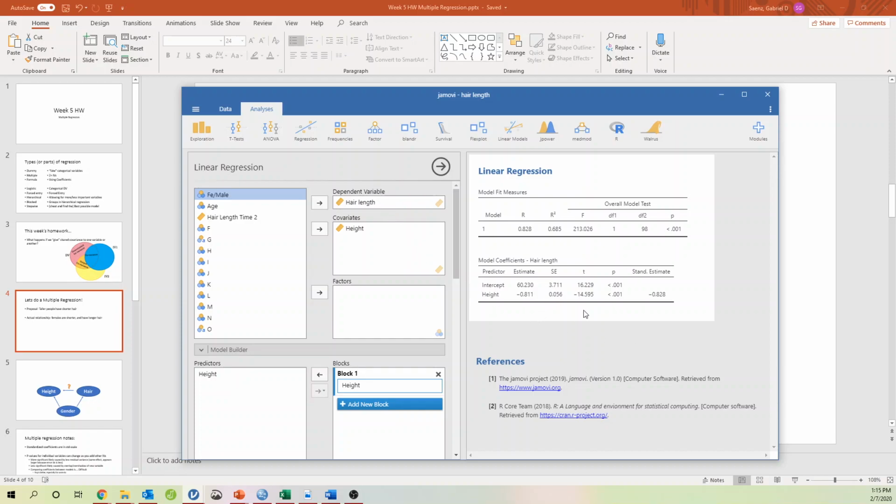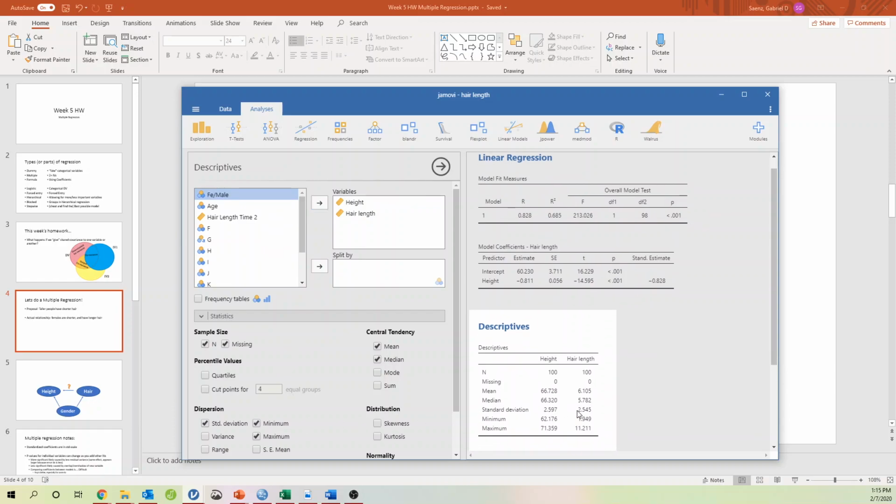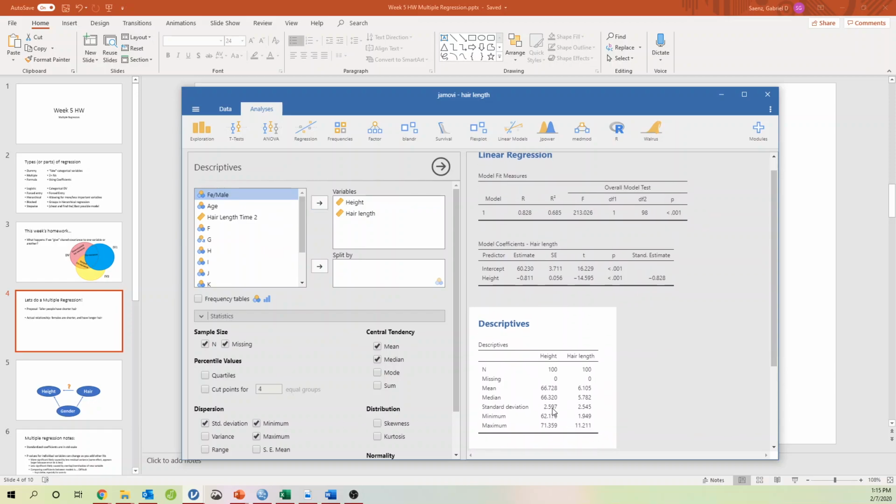The fact that these two numbers are very similar tells me that their standard deviations are very similar. And we can just go and check that real quick. So let's pop these variables into a descriptive thing. Standard deviation. Standard deviation for height is 2.597. For hair length, 2.545.